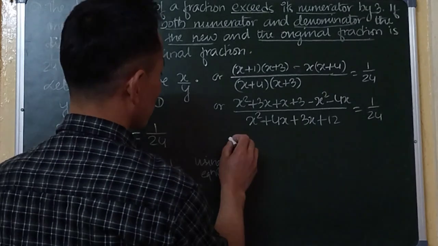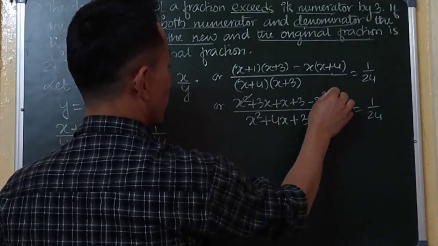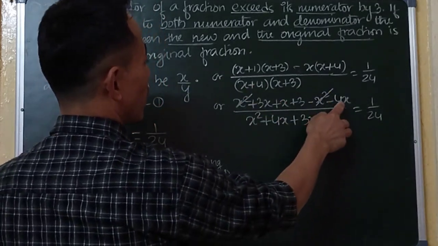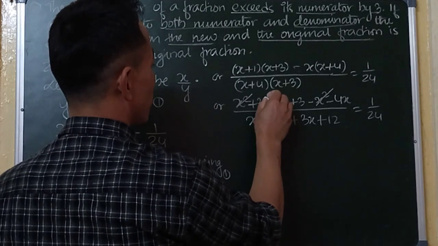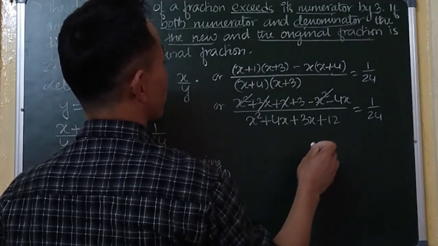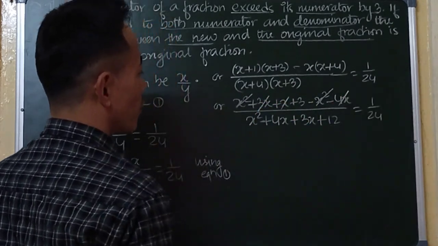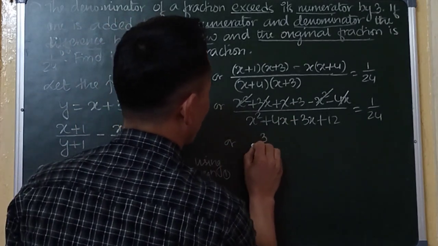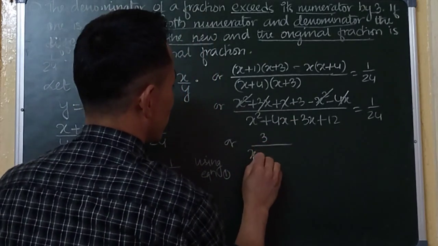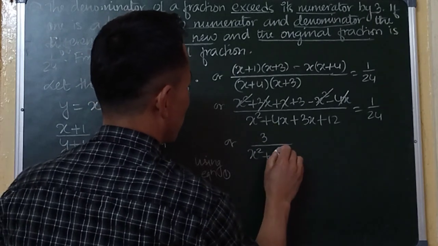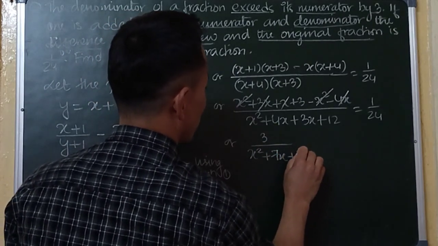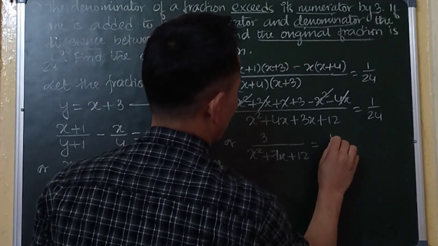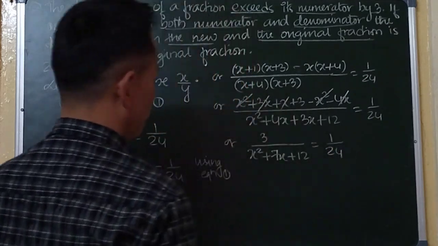Simplifying further, the x squared and x squared cancel. We have minus 4x, and we have 3x plus x becomes 4x, which cancels with minus 4x. In the numerator we have only 3, and in the denominator we get x squared plus 7x plus 12, is equal to 1 divided by 24.